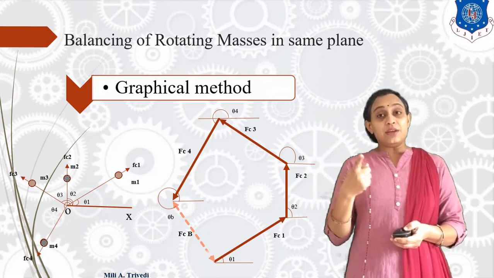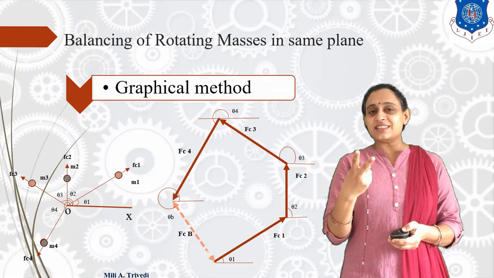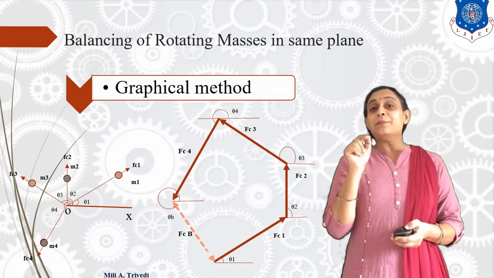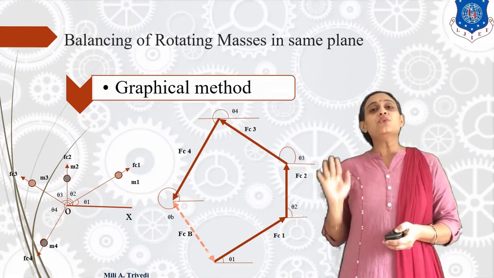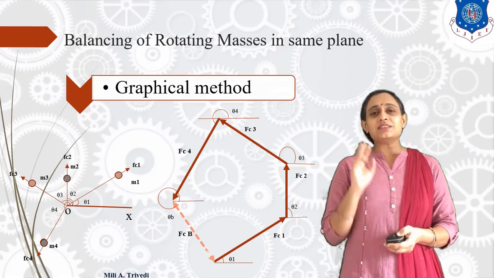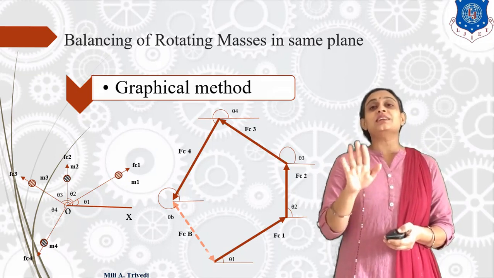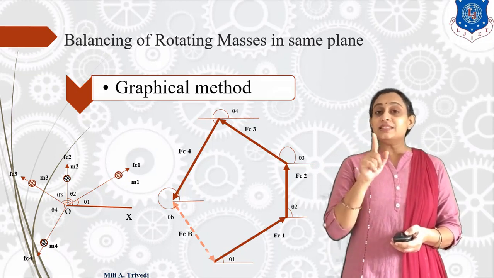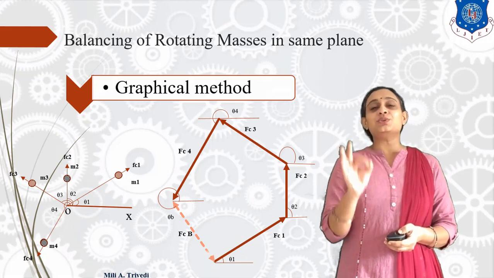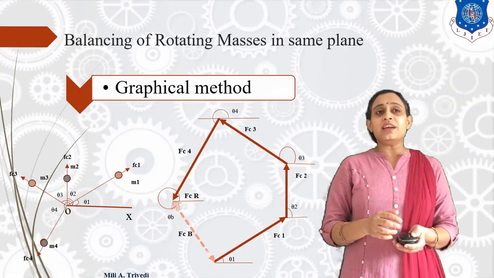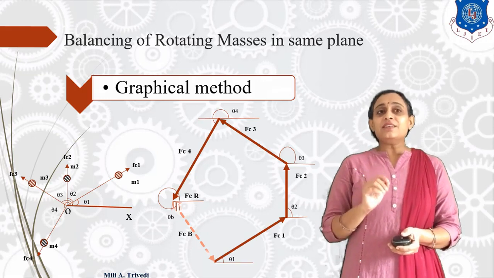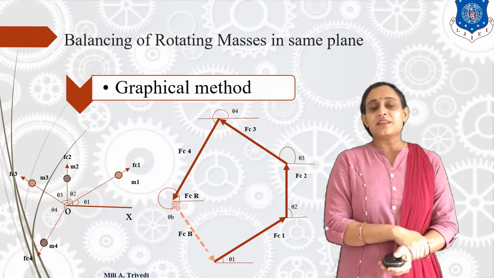It means if the resultant is in the second quadrant, we will get the balancing force in the fourth quadrant. Balancing mass is always opposite to the resultant mass. Balancing force is always opposite to the resultant force. And then we will get the value of the balancing masses. Okay? So here we will get our values.